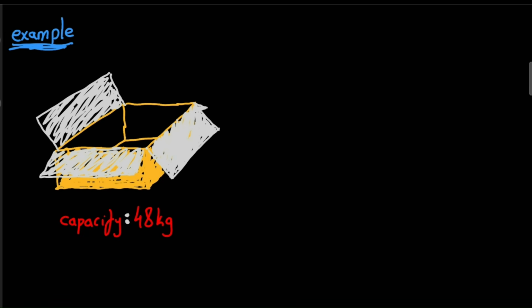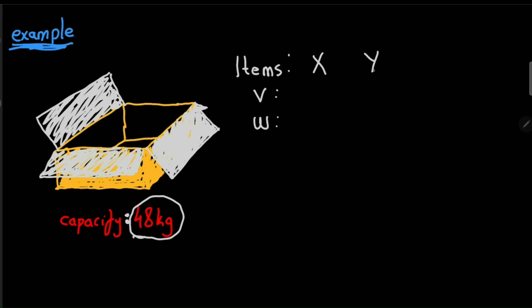Let's see an example. Let's say our box has a capacity of 48 kilograms. And let's say we have two possible items. Let's write them here. They have values and weights. Let's say X and Y. The value of X, let's say, is 15.